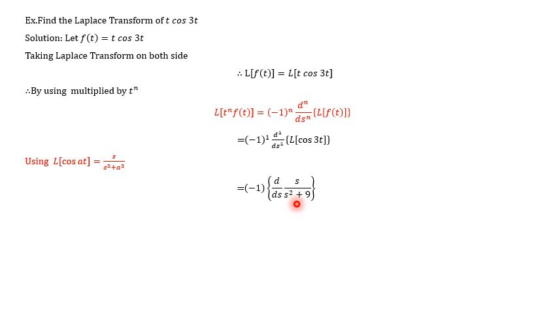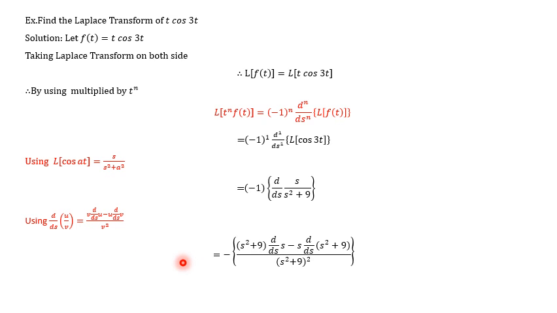In next step, we have to find the differentiation of s upon s square plus 9 by using the formula derivative with respect to s of u by v. So this was the formula. So by using this formula, our next step is minus in bracket s square plus 9 derivative with respect to s of s minus s into derivative with respect to s of s square plus 9 upon s square plus 9 bracket square.